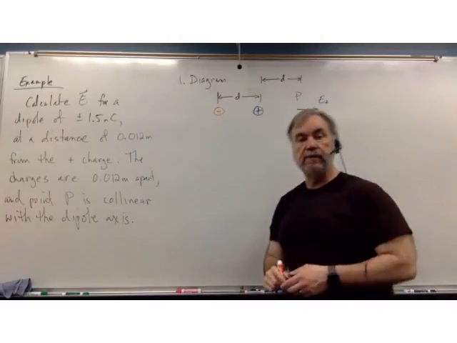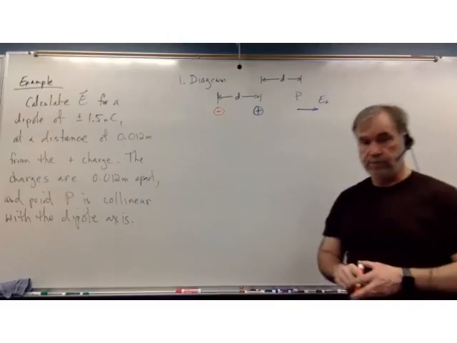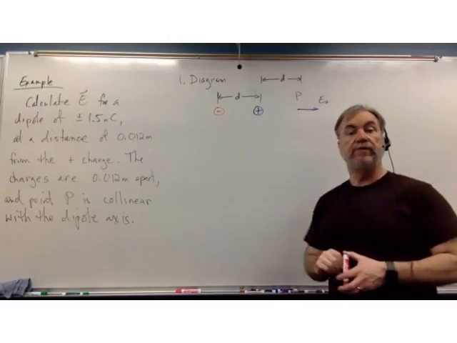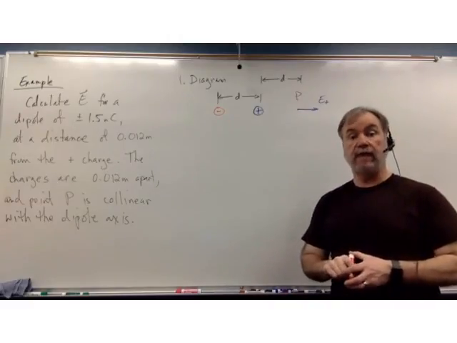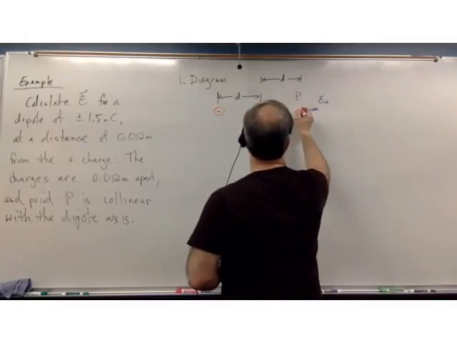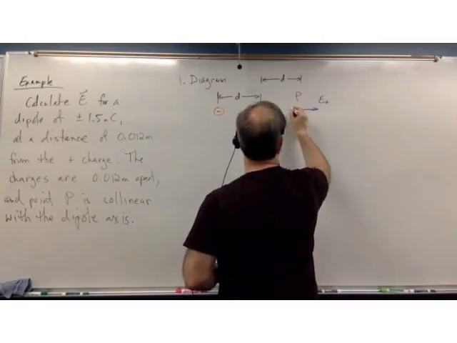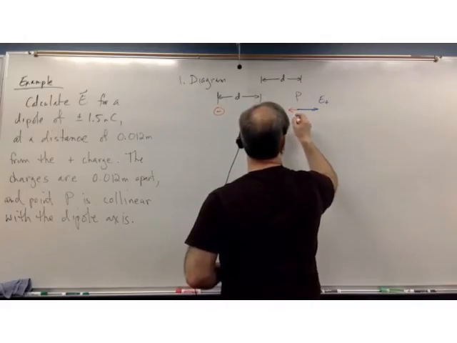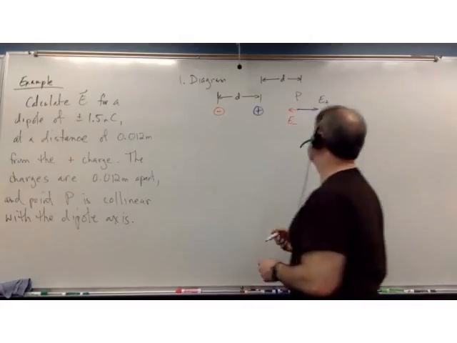But as far as the magnitude of the field, which amounts to the length of the arrow that I need to draw for the negative electric field vector, it's going to be smaller than the field vector of the positive charge.